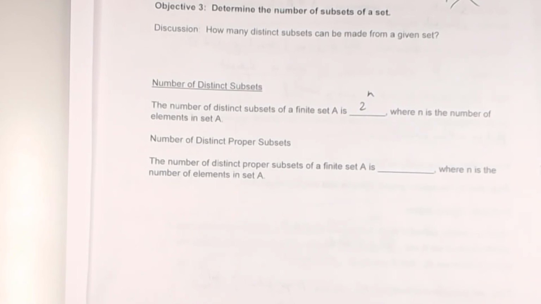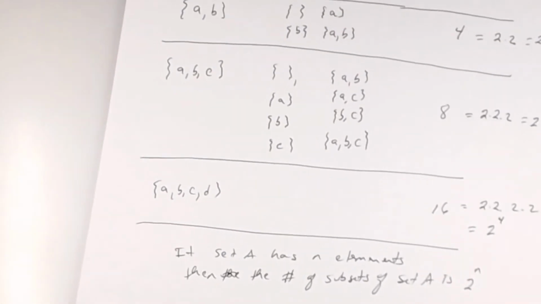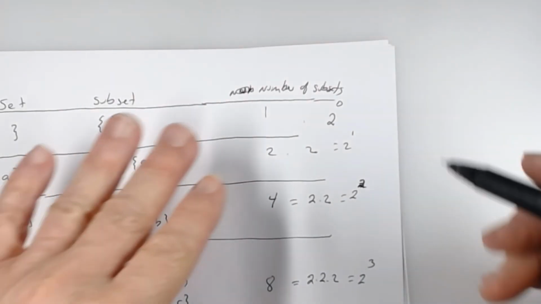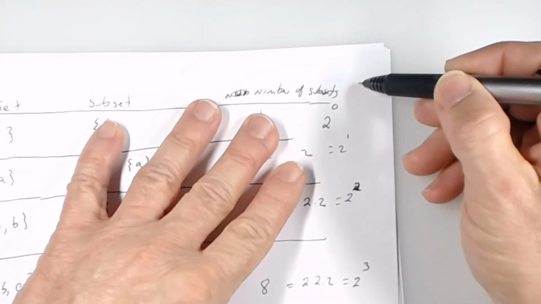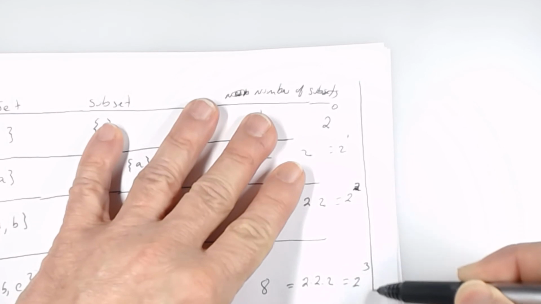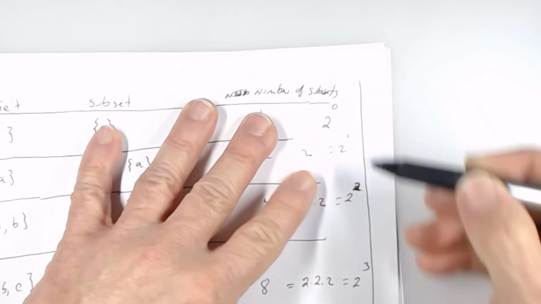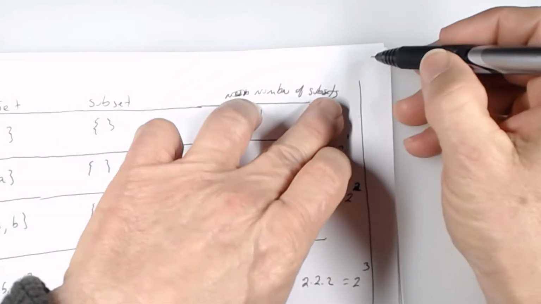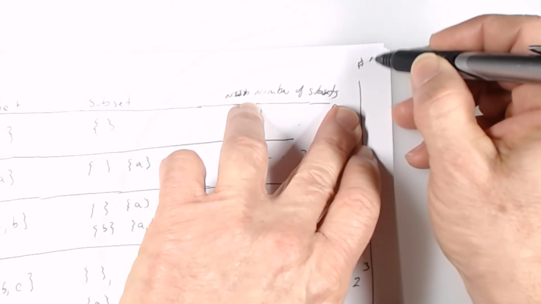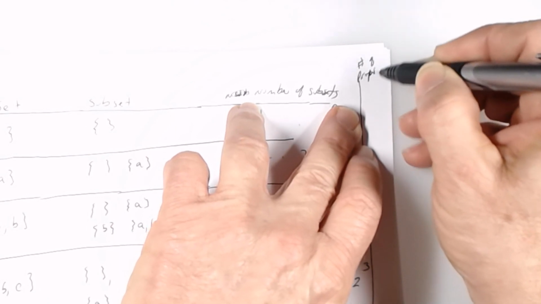All right. Now, I'm going to ask you this. I'm going to go back to our table, and somewhere around here, there's not enough room, but right here I'm going to say the number of proper subsets.